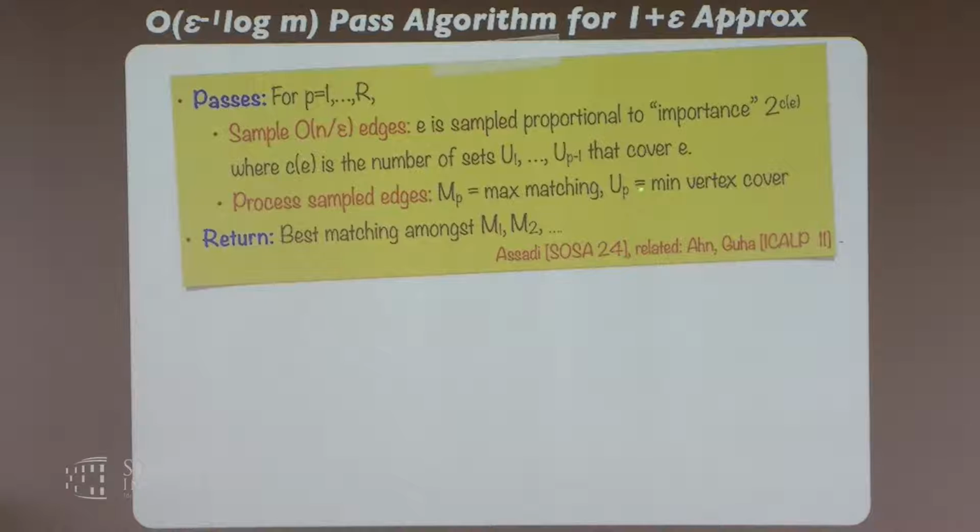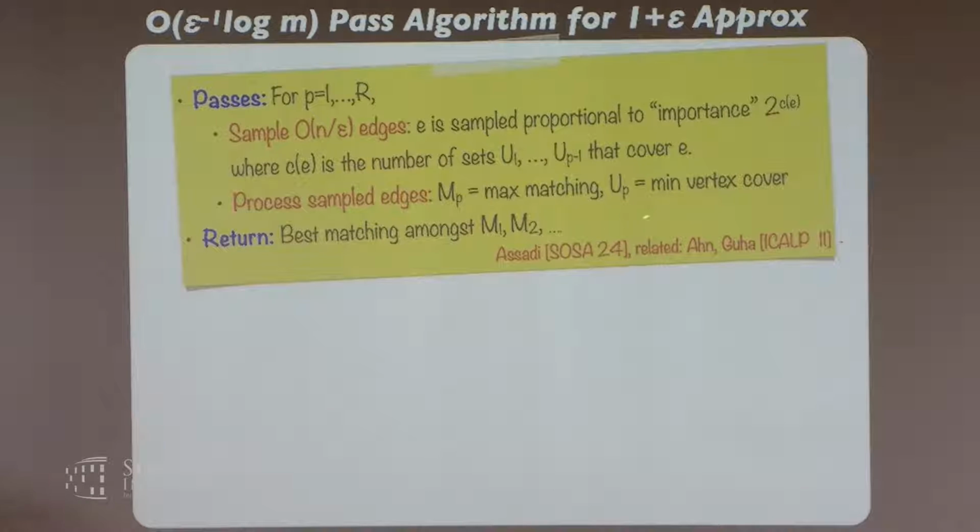Well, from this, you can say that initially, what are these importance factors? All these importance factors are going to be 1 in that first pass. You're going to be uniformly sampling the edges. And so you can argue that the vertex cover amongst the sampled set of edges covers most of the edges in the graph.